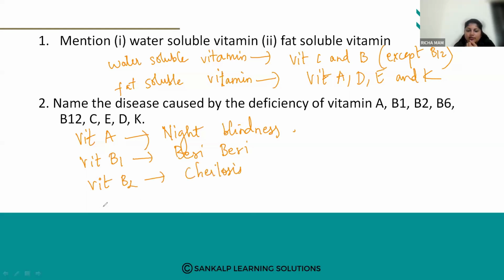Then vitamin B6, convulsions. Vitamin B12, pernicious anemia. Then vitamin C, scurvy.